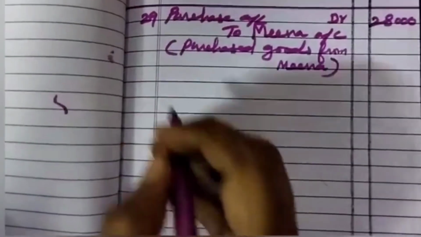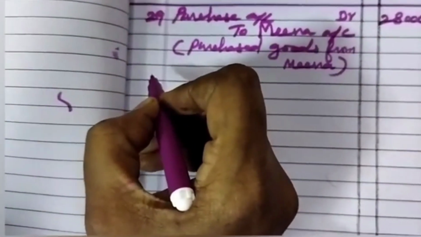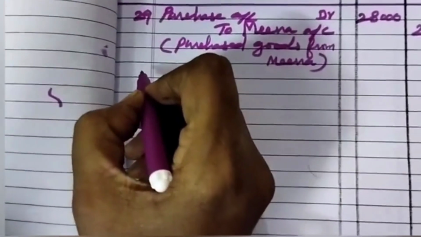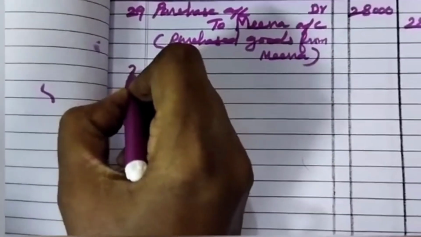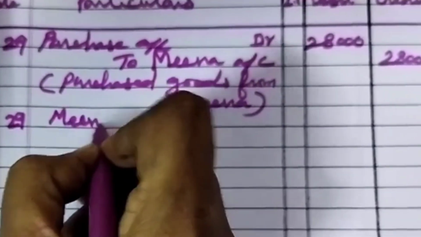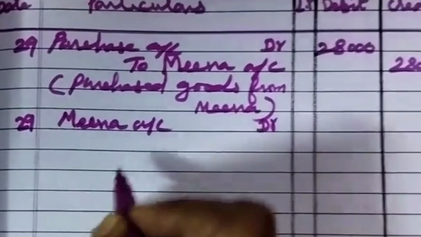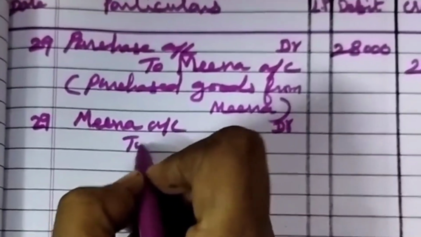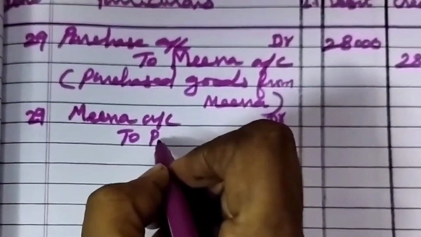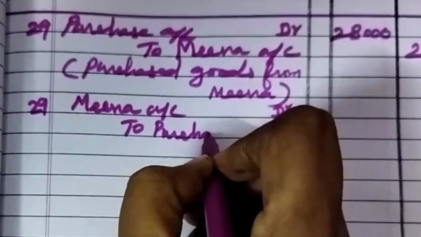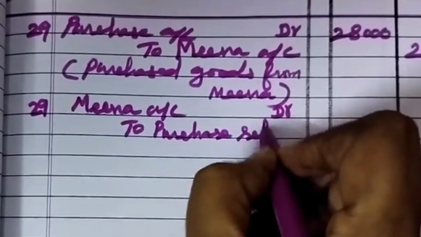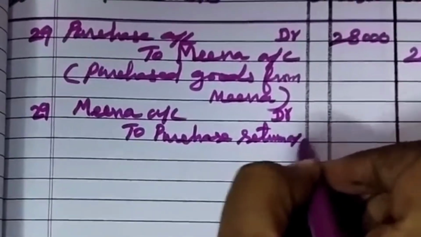On the same date we return the goods to Meena. Meena account, debtor, to purchase return. Purchase return account.